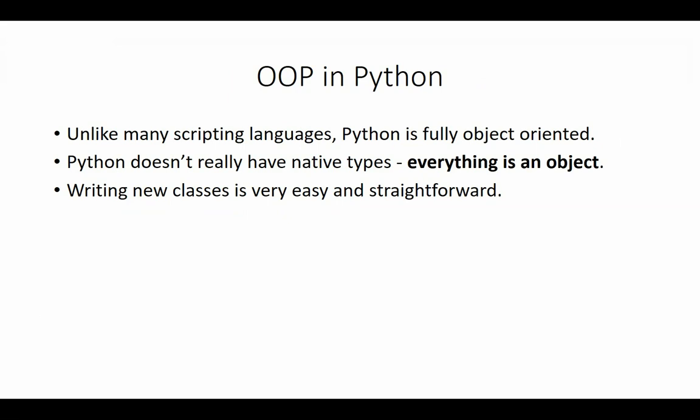So let's speak specifically about object-oriented programming in Python. Like we said, Python, like virtually all modern programming languages, is fully object-oriented, even to a larger extent than many other contemporary programming languages. In many programming languages, even though they are OOP, we still have what's called native types, which are types which are not exactly objects.